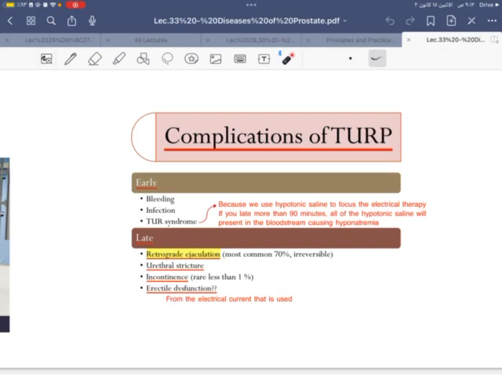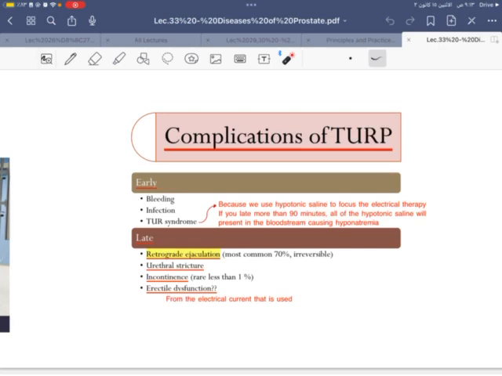Once you are resecting the prostate chips, you are opening the venous channels, the venous beds. The hypertonic solution gets inside the venous channels and enters the bloodstream. So that's why in TURP you have a limit of 60 to 90 minutes.